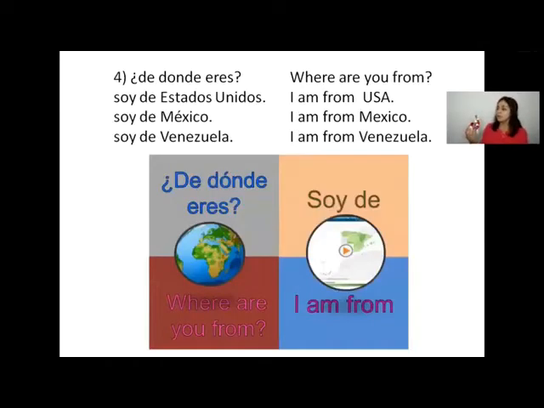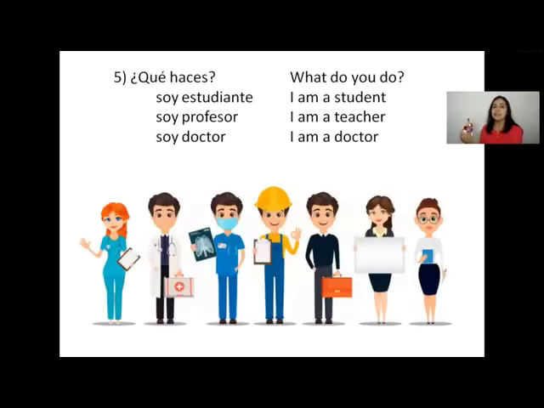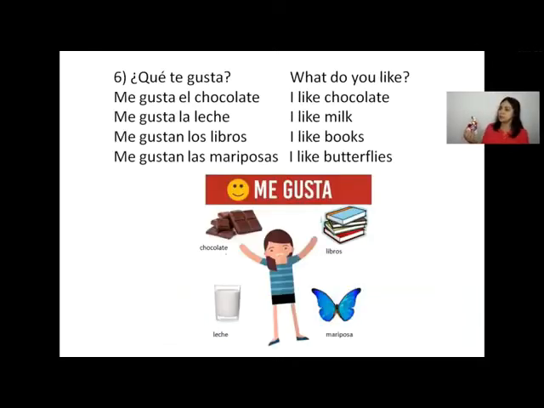¿De dónde eres? Soy de Perú. ¿Y tú? Soy de Venezuela. ¿Qué haces? Soy doctora. ¿Y tú? Soy profesora. ¿Qué te gusta? Me gusta el chocolate. Me gusta la cebolla. ¿Y tú?